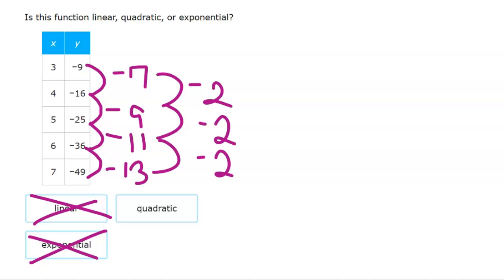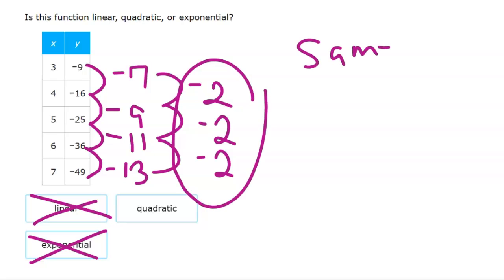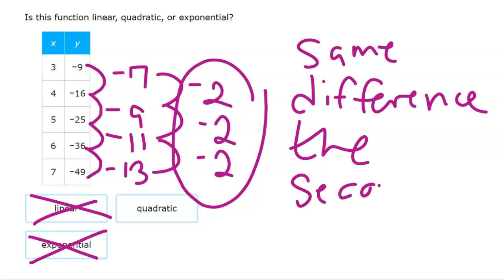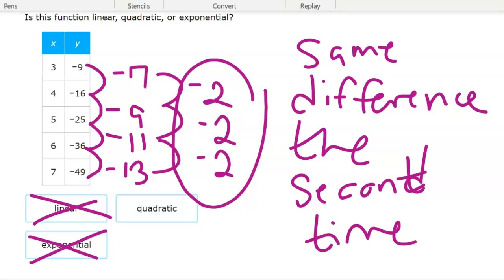They are quadratic if they have the same difference the second time. Sorry, it looked like I was getting ahead there and wrote second with a T.